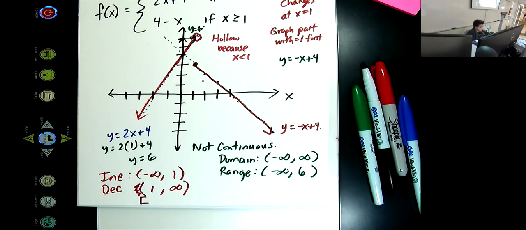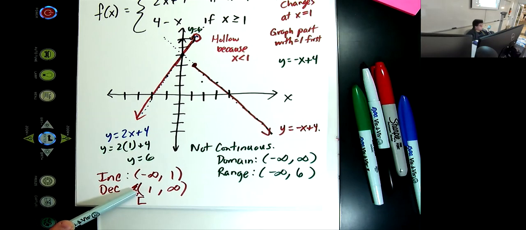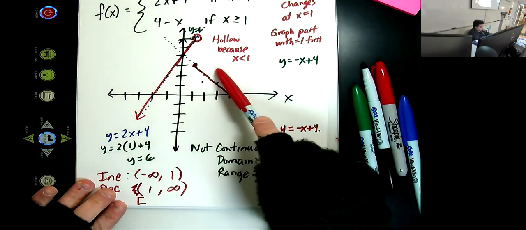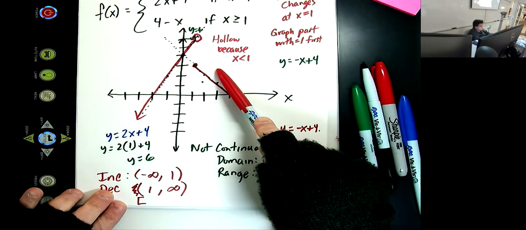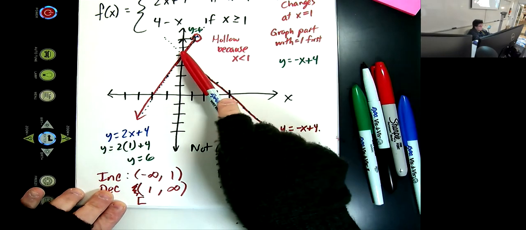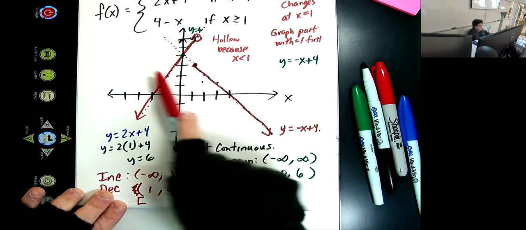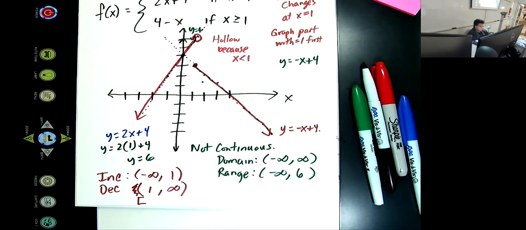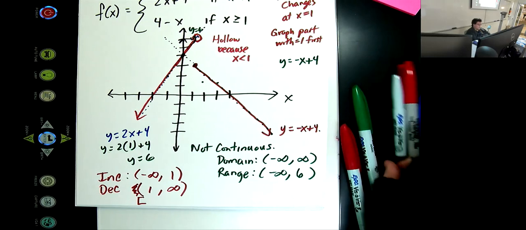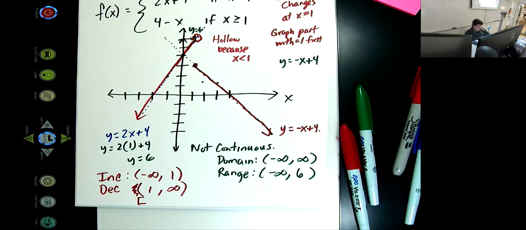I'm going to guess they say the parenthesis, because as I pass over the point from the negative side of 1 to the positive side of 1, it changes, so it's not really either. They're not going to include the 1 anywhere. And that'll be it for today's lecture.